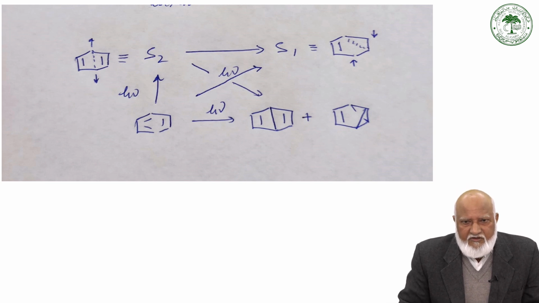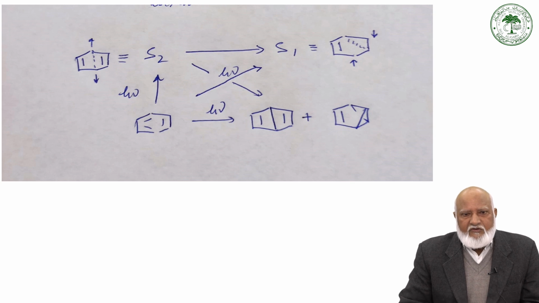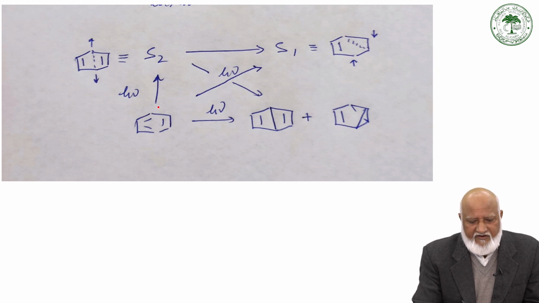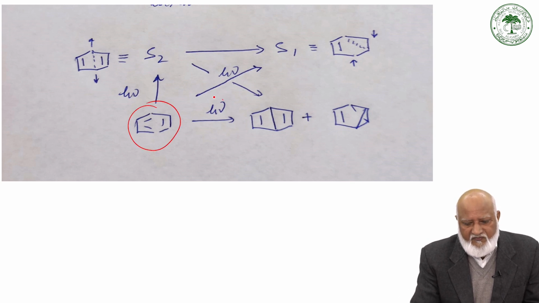In order to look at some of the mechanistic aspects of how these valence isomers are formed, we have a benzene ring under photolytic condition.